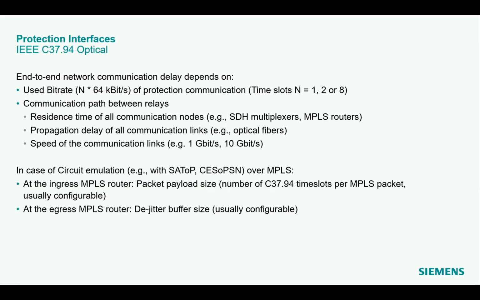For IEEE C37.94, you should consider that the end-to-end network communication delay depends on the used bit rate, so n times 64 kilobits. Also on the communication path between the relays, so the time of residence in all the communication nodes, the multiplexers or the MPLS routers. Also the propagation delay of all the communication links, so the length of the fiber optics. And also the speed of these communication links, if it's 1 gigabit per second or up to 10 gigabits per second.